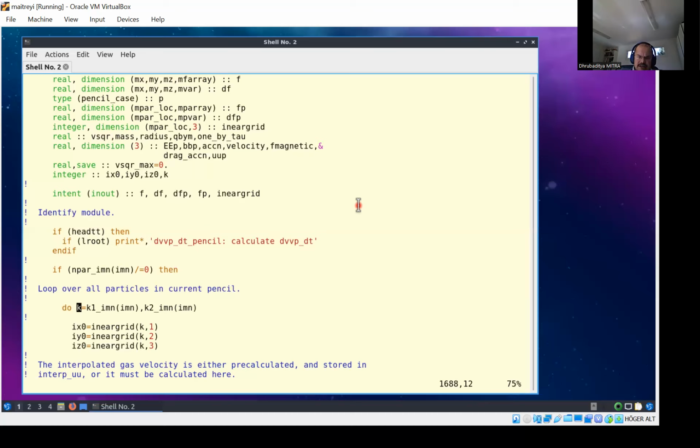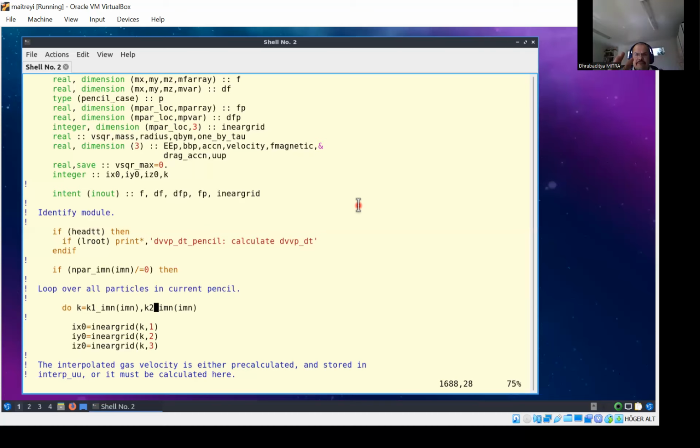It's a loop over k from k1_imn to k2_imn. Imagine all your particles, and all your particles have indices, let's say 1 to n. But now think of one pencil.